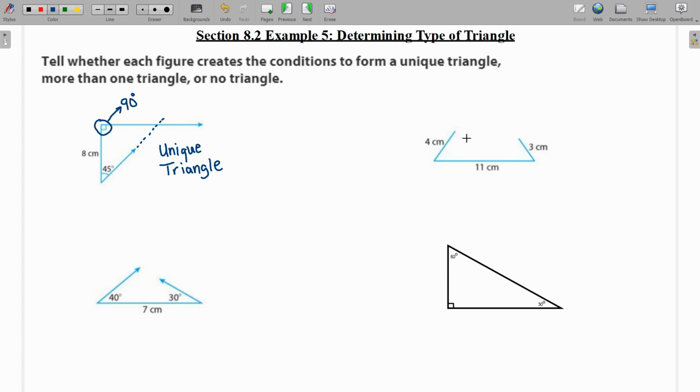Now, in our second example up here at the top right, we're given 3 side lengths. We have one side length that's 4 centimeters, one that's 3 centimeters, and a third side length of 11 centimeters.